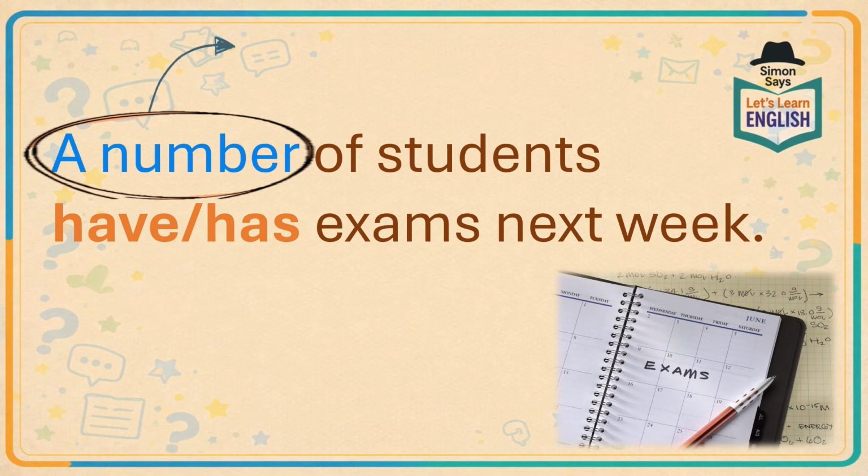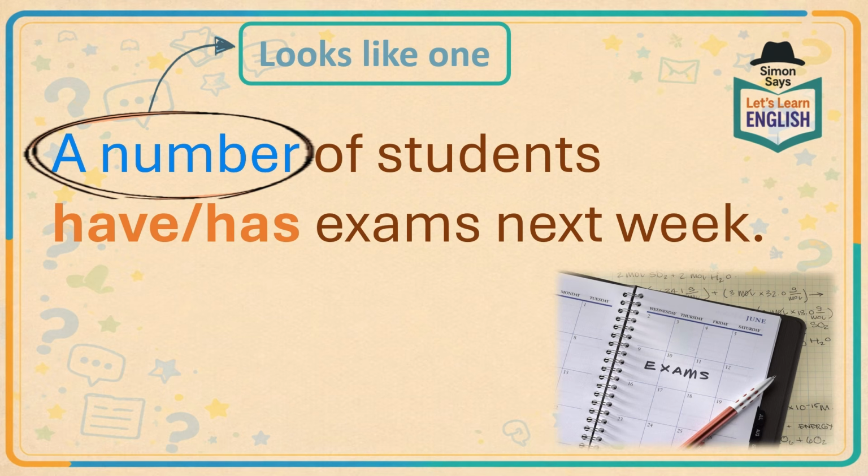If we look at this phrase, a number, it looks like one. But actually, a number means more than one. It means many. Therefore, we have to choose have. So a number of students have exams next week.